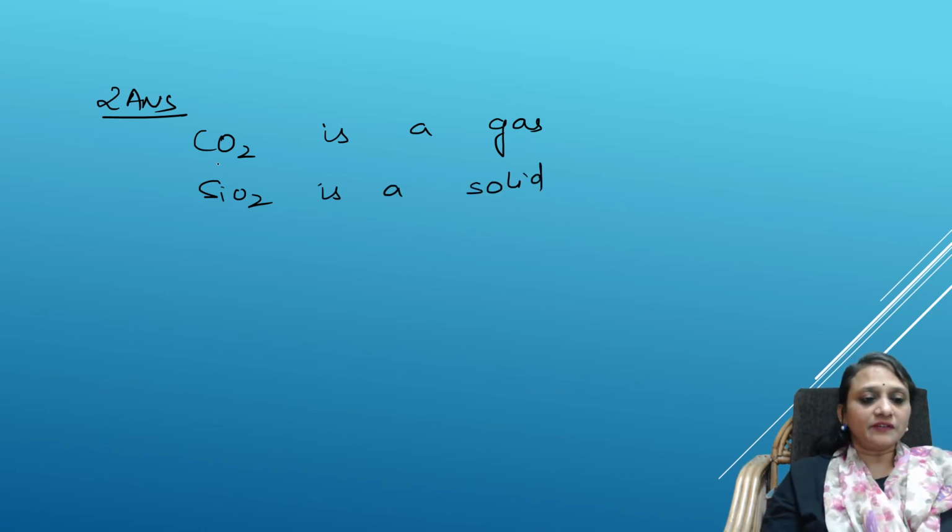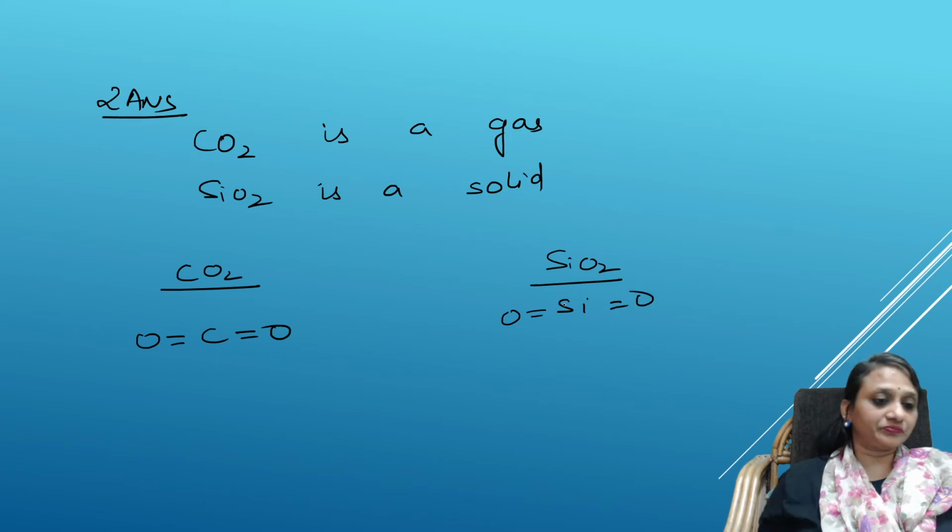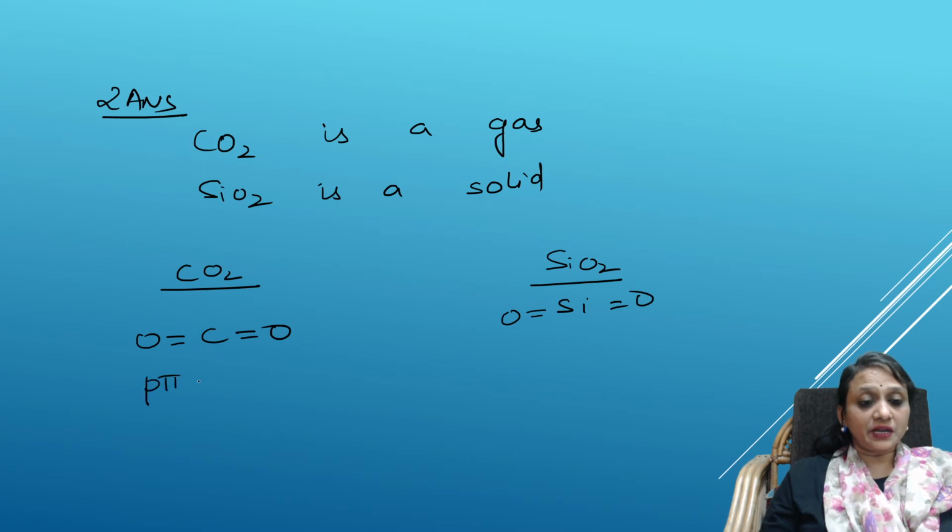Now, when I take carbon dioxide, students, carbon double bond O. When I take SiO2, silica, silicon double bond O. In this case, carbon with oxygen forms p-pi bonds. This is a pi bond. Because carbon is tetravalent, it forms p-pi bonds.